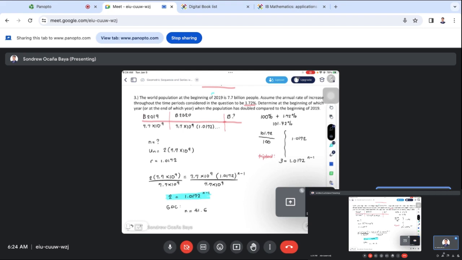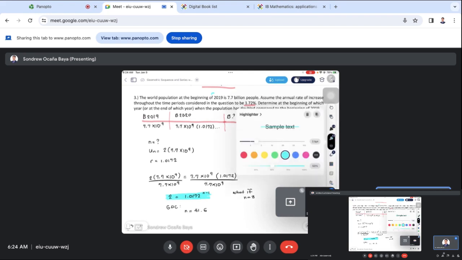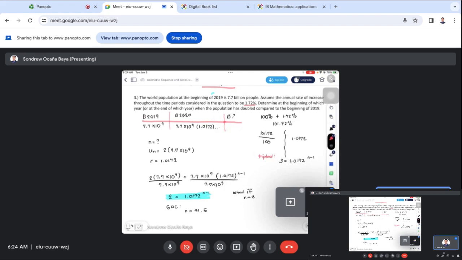What if n is 3? If n is 3, in which year will the population be doubled? In this value of n, we do include 2019. If you try to count it, n equal to 3: 2019, that's count 1, 2020, that's count 2, 2021, that's count 3. In other words, if your n is 3, you just have to add 2 to 2019, or we just subtract 1 from 3, and that amount will be the one added to 2019.